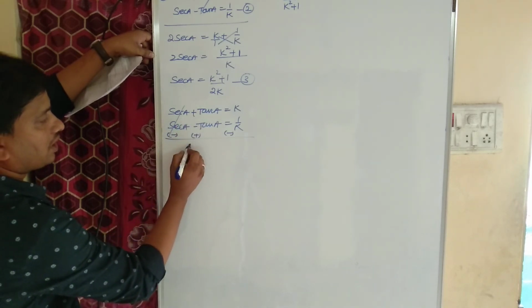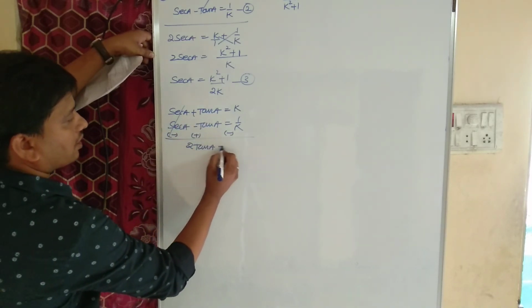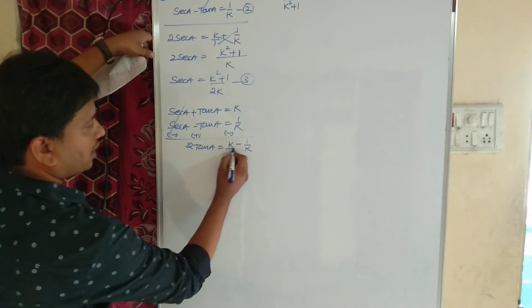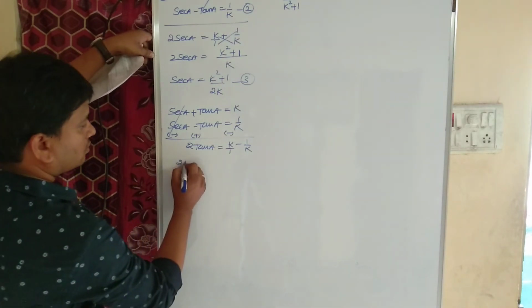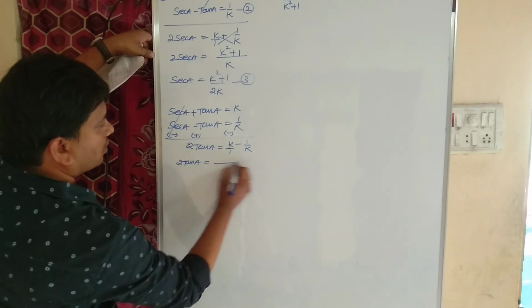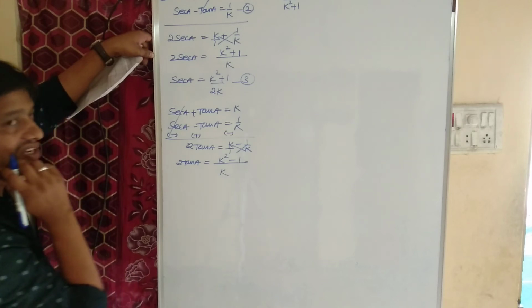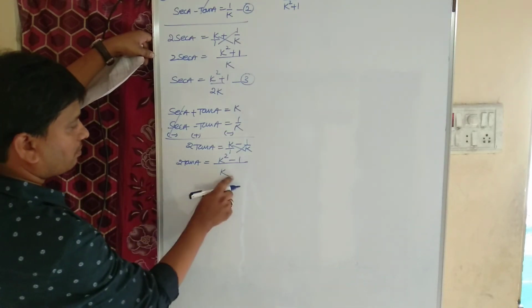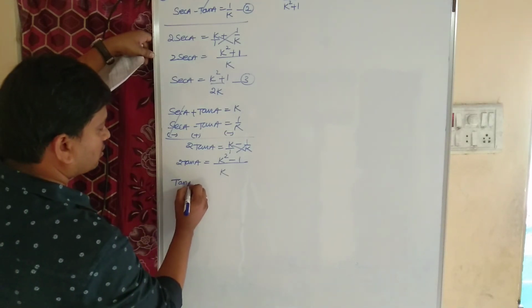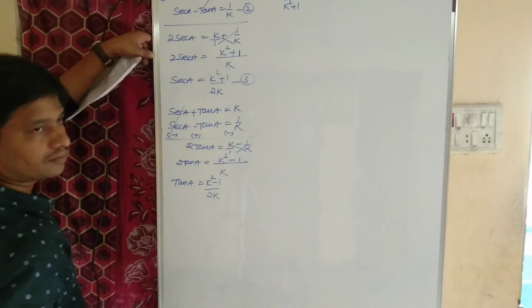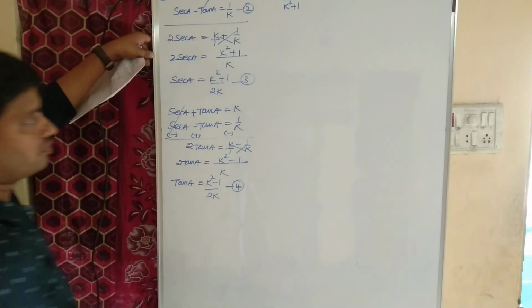Tan a plus tan a, 2 tan a equal to k minus 1 by k. The LCM is k, so 2 tan a equal to k square minus 1 by k. 2 is multiplying, so transpose: tan a equal to k square minus 1 by 2k. This is equation number 4.